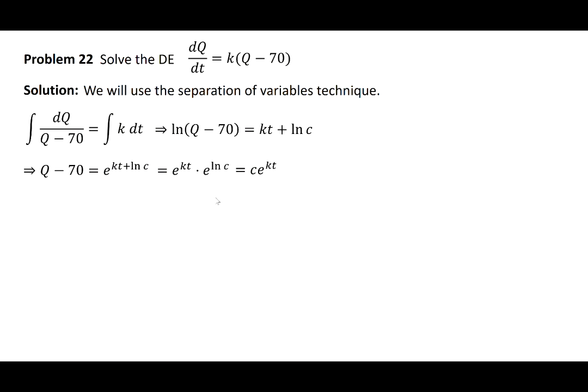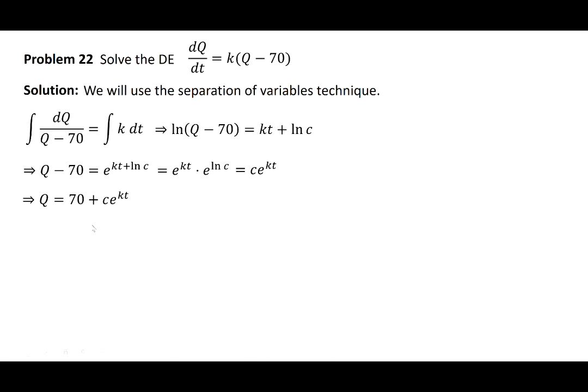Cool. So what's the issue here? Q minus 70 is equal to C e to the kt. So that's the solution to this one. Or we can write this as Q, that's what we are solving for, equals 70 plus C e to the kt. Okay, what's the big deal here?